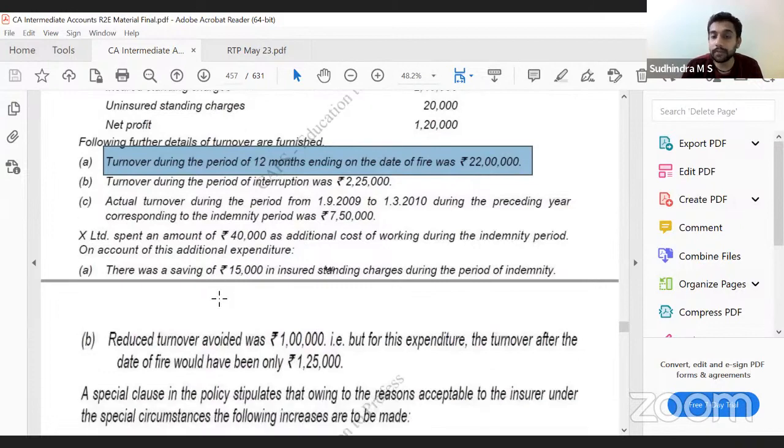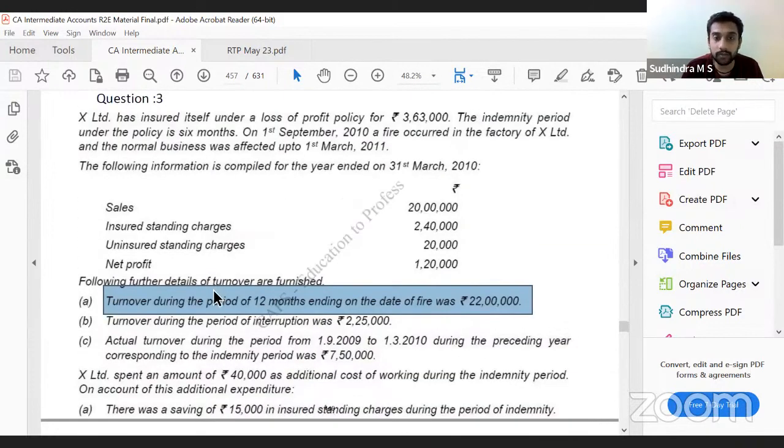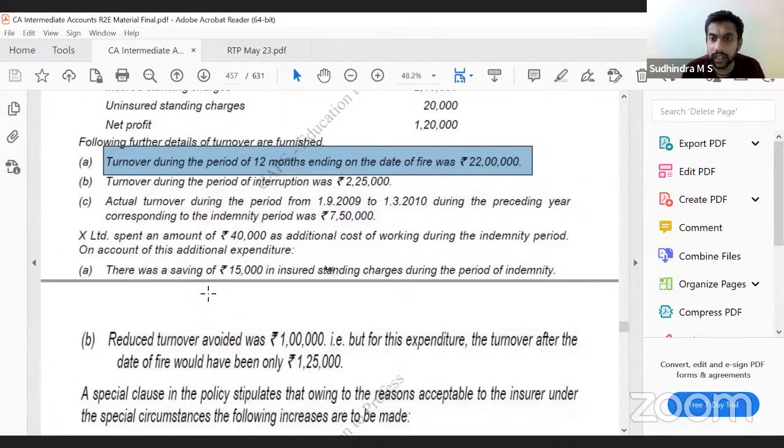Then we will compute the allowable additional expense. They have given us actual additional expense of 40,000. What would be the second arrow mark? Profit due to additional sales. 1 lakh is the additional sales that we have achieved, into profit 20%, so 20,000.